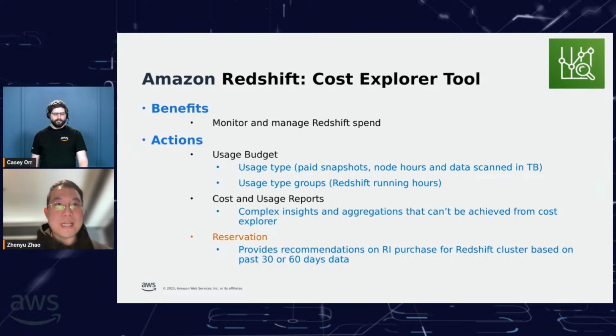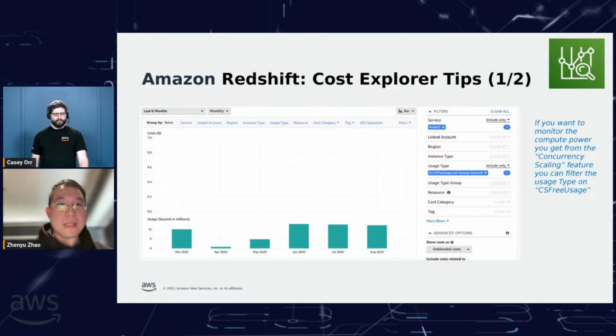Also use the Cost Explorer tools to understand and monitor your AWS Redshift cost, especially the reservation coverage rate, which is also very important. I won't cover more of these slides. They just tell you how to break down, deep dive and drill down your cost using Cost Explorer.